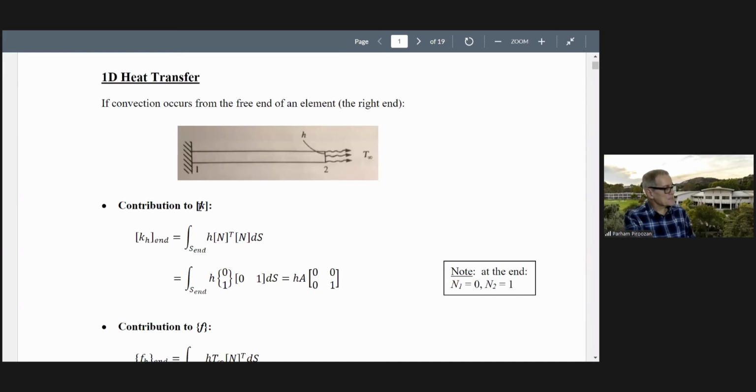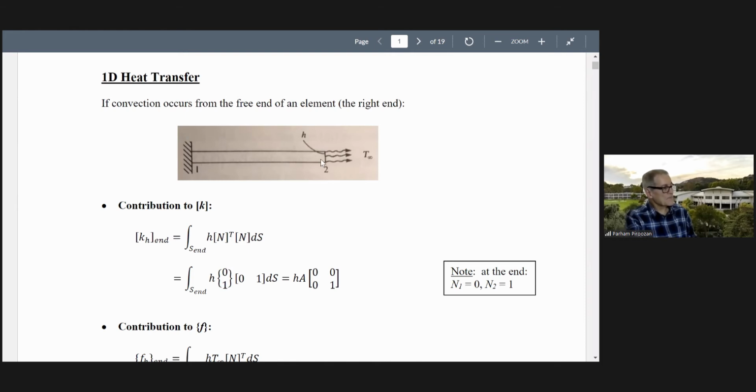Well, it has some effect on K. Remember, I showed you K for the contribution of convection, it is given by this: the integral of H N transpose N dS. Let's see what happens to this element, node 1, node 2. If convection is taking place from this end, the shape function would be 0 and 1, because the value of the shape function is 1 at its own node and 0 at the other node.